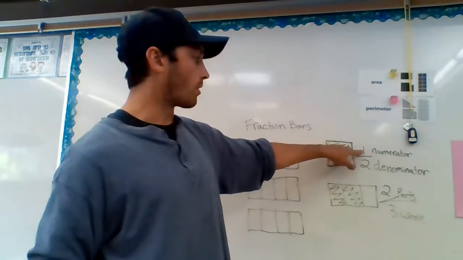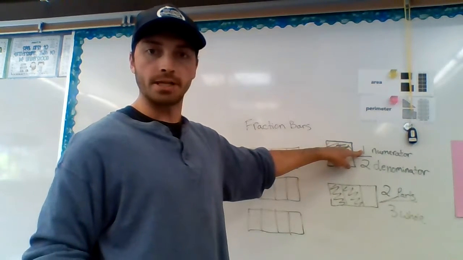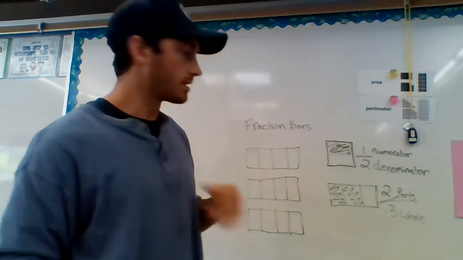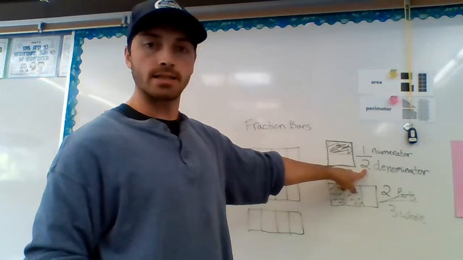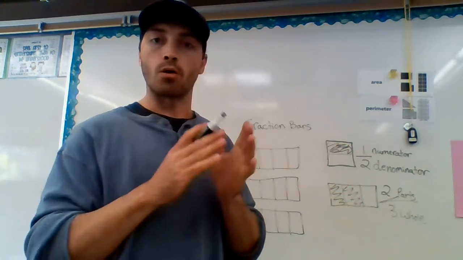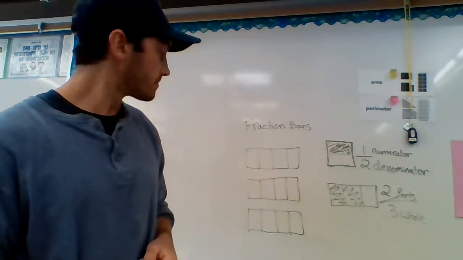So again, the one on top, the numerator, tells us how many parts we have, and the bottom number tells us how many parts the whole shape was divided into.